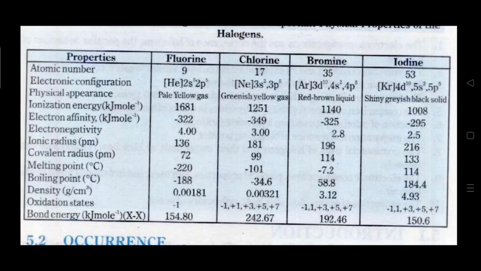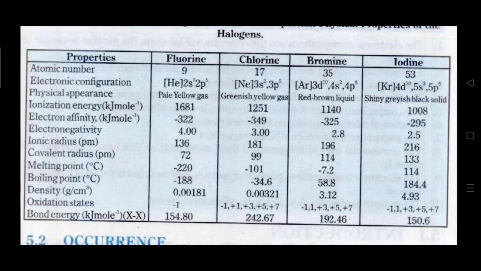This value is very important from the exam point of view. You have to memorize the electronegativity value of fluorine, which is 4, and for chlorine it is 3, for bromine it is 2.8, and for iodine it is 2.5.